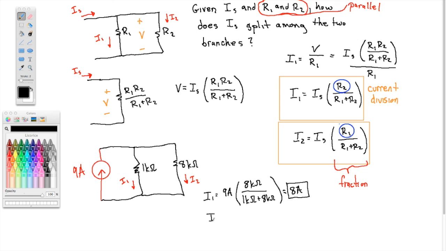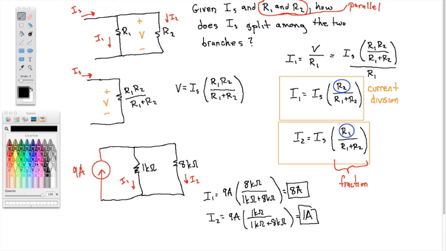And I2 is 9 amps times the resistance of the other branch, 1 kilo ohm over 1 kilo ohm plus 8 kilo ohms. That is 1 amp. Notice that they add to 9.